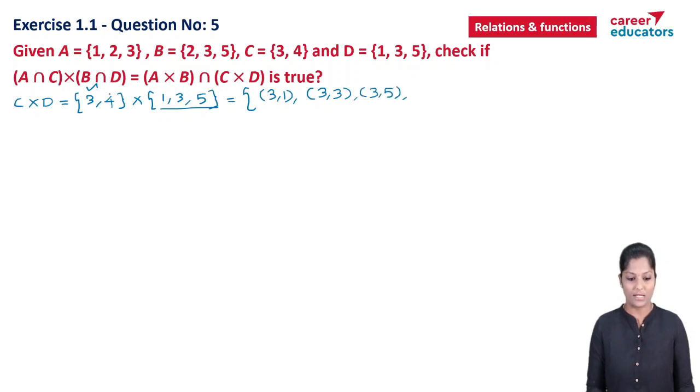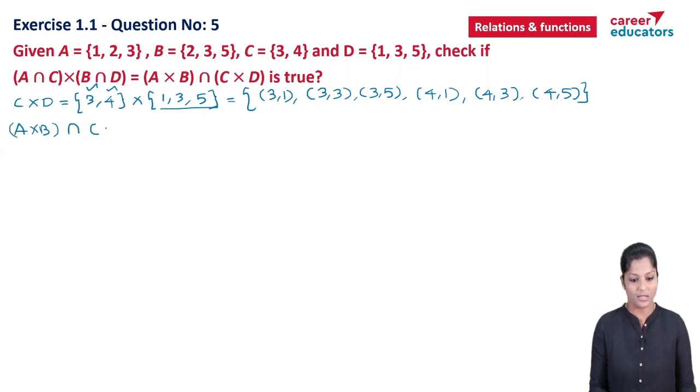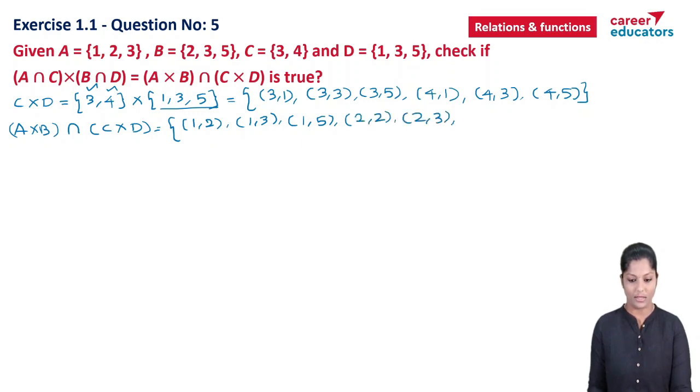Likewise, we have to do it for the second element 4. We will get (4,1), (4,3) and (4,5). Next, we have to find A cross B intersection C cross D. Write all the elements of A cross B: (1,2), (1,3), (1,5), (2,2), (2,3), (2,5), (3,2), (3,3), (3,5).